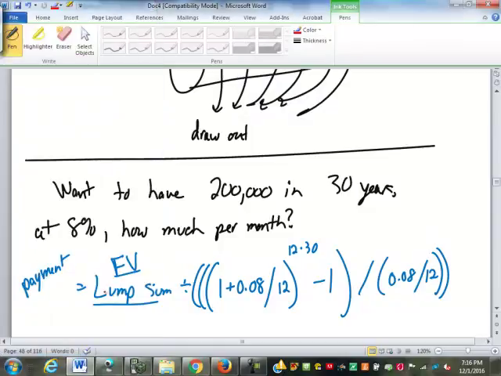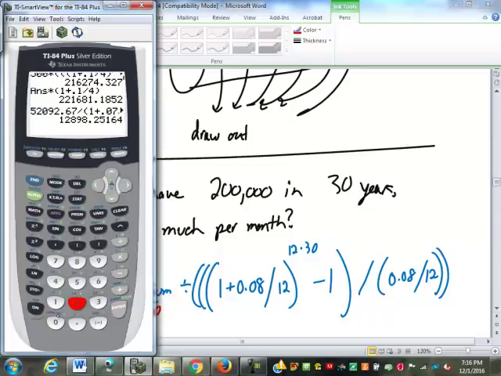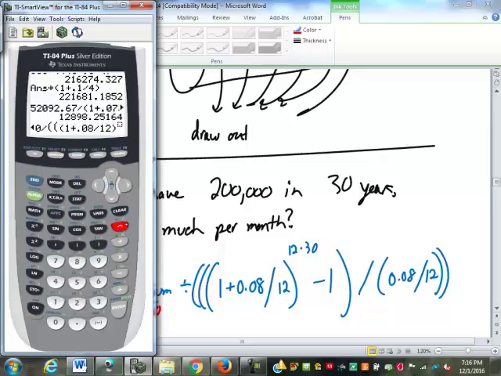So our lump sum here is the 200,000, divided by 1, 2, 3. 1 plus 0.08 divided by 12. Close. Power. 12 times 30 is 360.